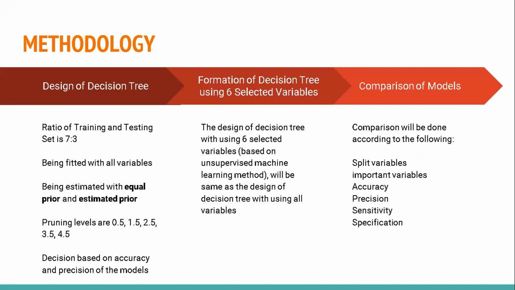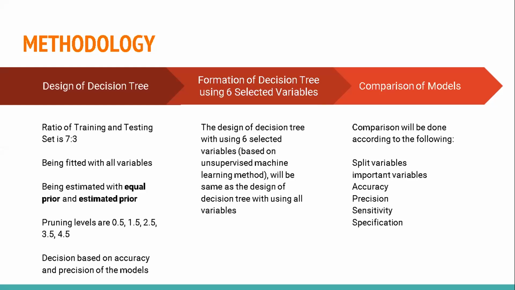Precision actually is the number of correctly predicted positive cases over the total positive cases predicted. Okay.